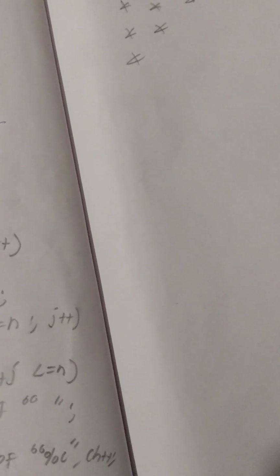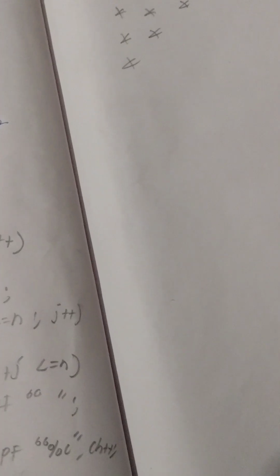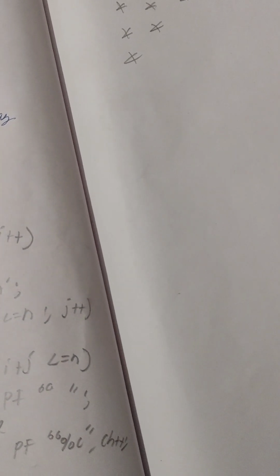So if j is less than 4, it needs to print nothing, and it needs to print the value for k, i minus 1 starting value.